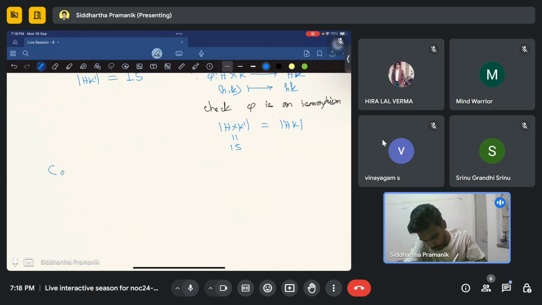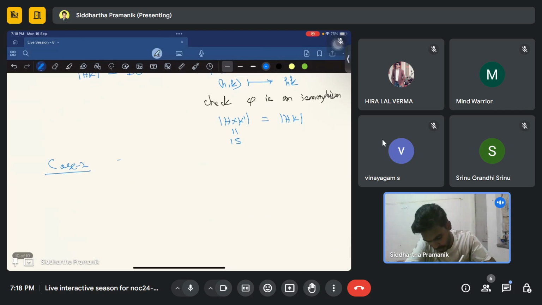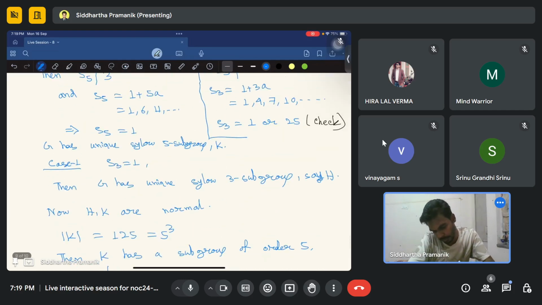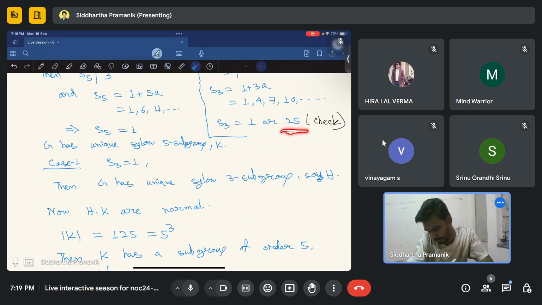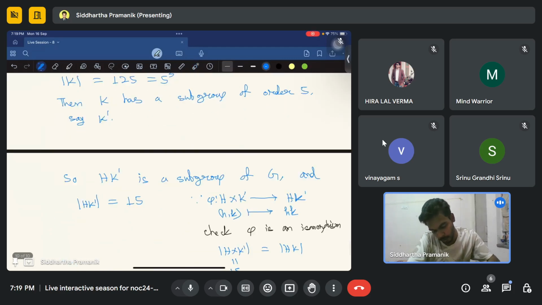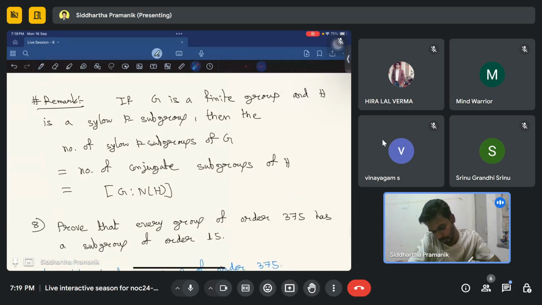Now case 2. Case 2 means the number of Sylow 3 subgroups is 25. So this is our second case. Now the number of Sylow p subgroups is this index, right? So let's use this.